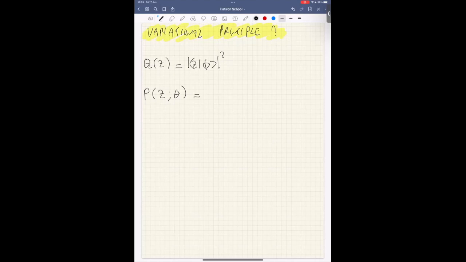And this is just |psi of z|^2. We can also put a normalization if your state is in general not normalized.